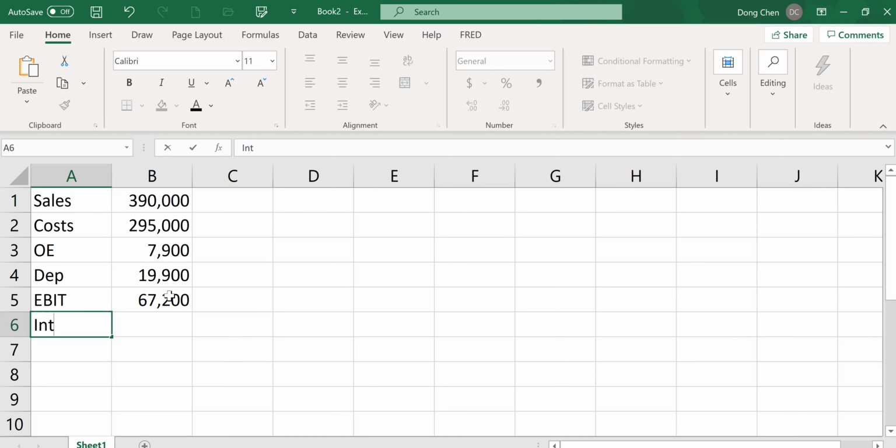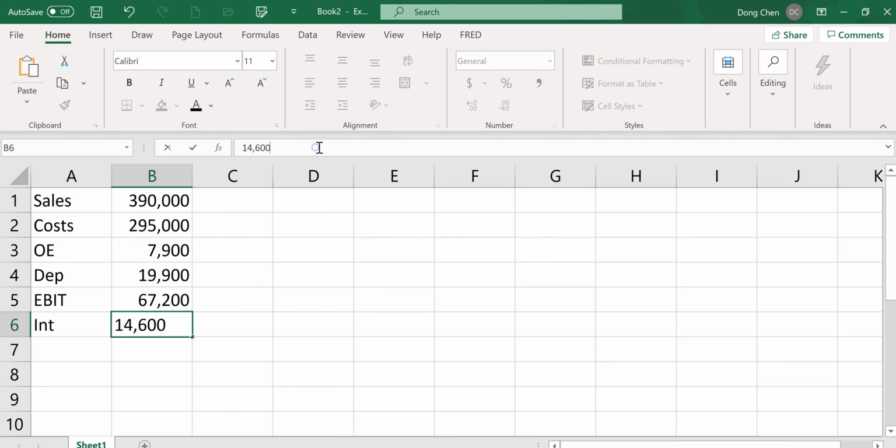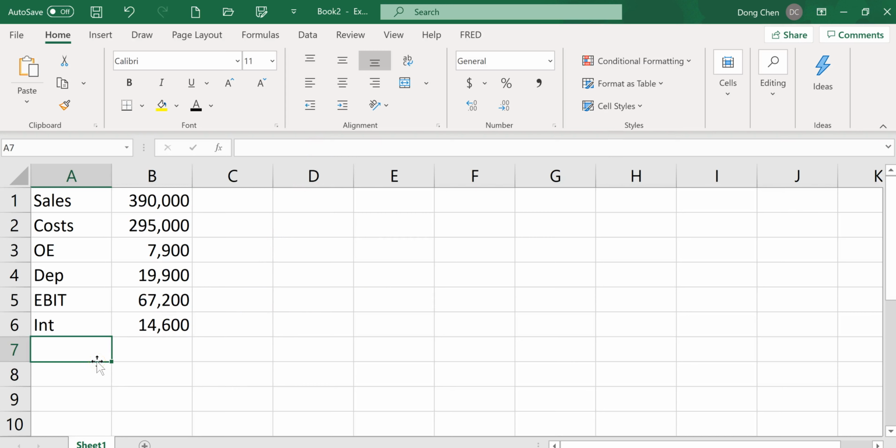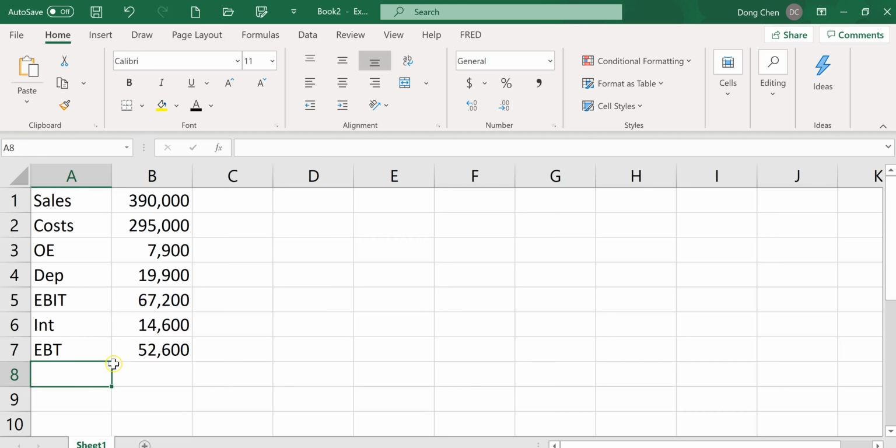So the next item is interest. So interest is right here. So you got to be very familiar with the basic items on the income statement. That's the requirement to answer this question. So EBT basically is EBIT minus interest. So this is my taxable income.